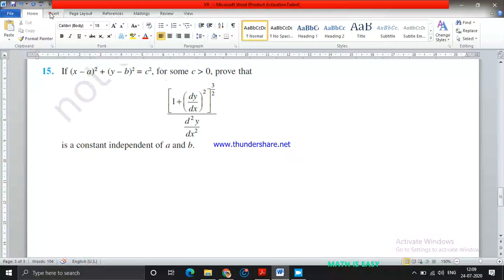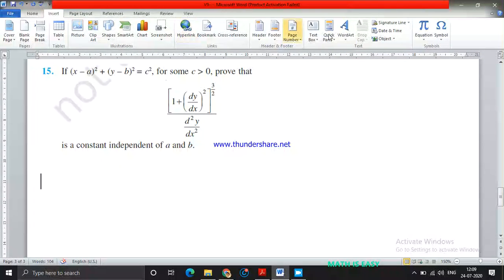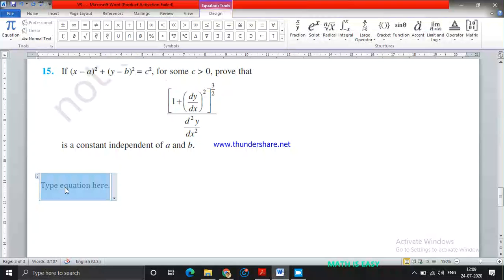Okay. So first, the given equation: x minus a whole square plus y minus b whole square. If I differentiate this one, I'll get 2 into x minus a, into the derivative of x minus a, which is 1 only, because the derivative of x is 1 and the derivative of a is 0, so it won't affect anything.